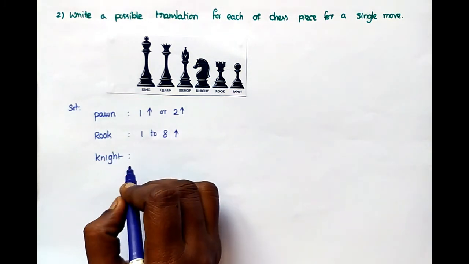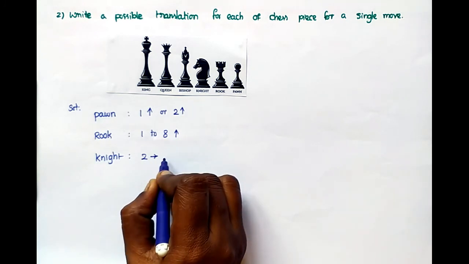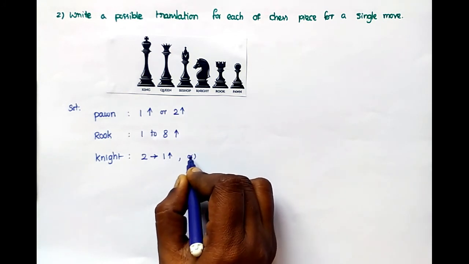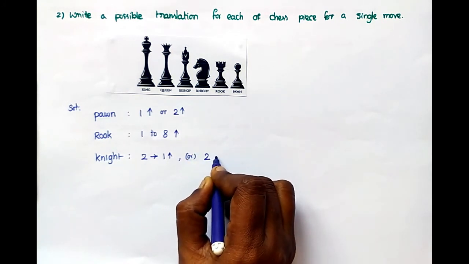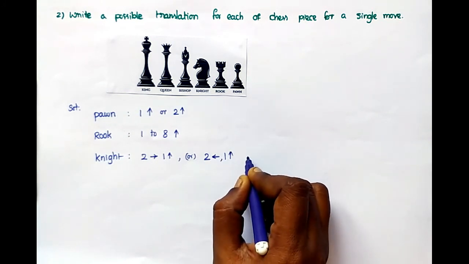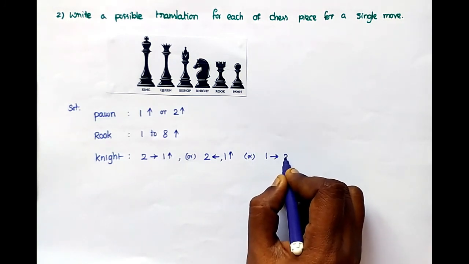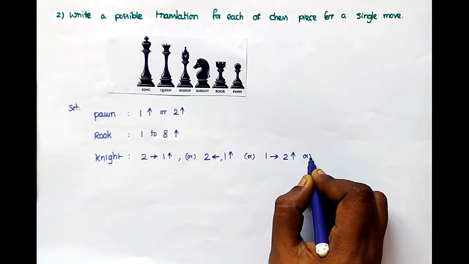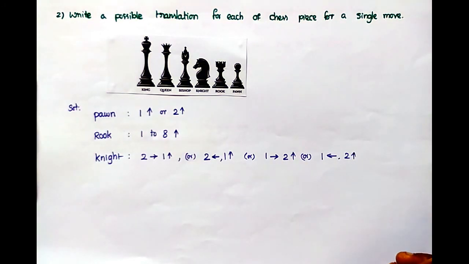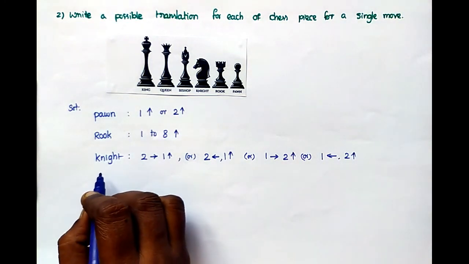L shape means 2 steps right side and 1 step upward, or 2 steps left side and 1 step upward, or 1 step right side and 2 steps upward, or 1 step left side and 2 steps upward. That is the possible move for the knight.